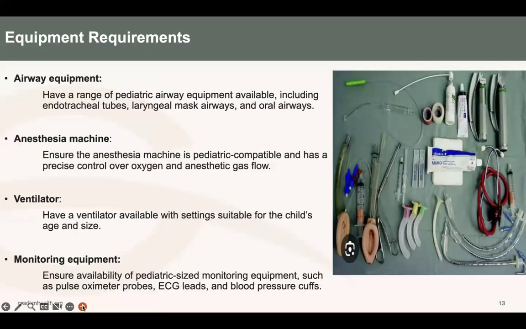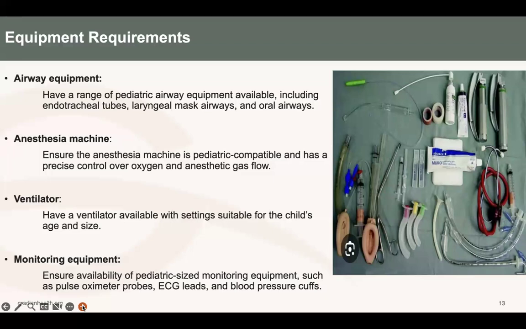So in terms of airway equipment, as you can see in that picture, some equipment has been projected, including the laryngoscopes, of course, the tubes, the Guedel airways, several types of airway equipment. And as you've seen in that picture, there are different sizes.